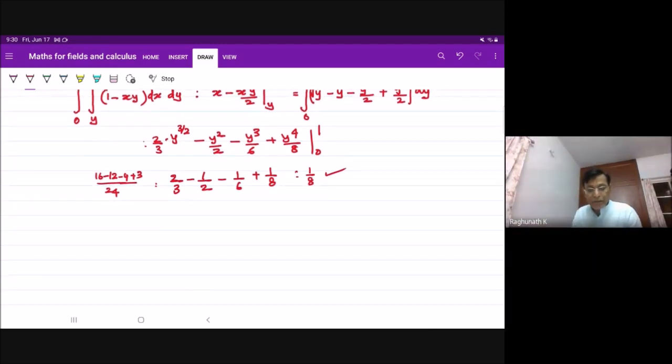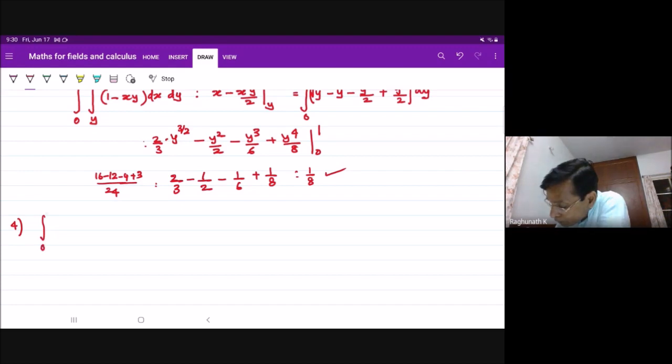Next problem. 4. Integral 0 to 2, integral 0 to x. Please try this now. E power x plus y dy dx or dx dy doesn't matter.